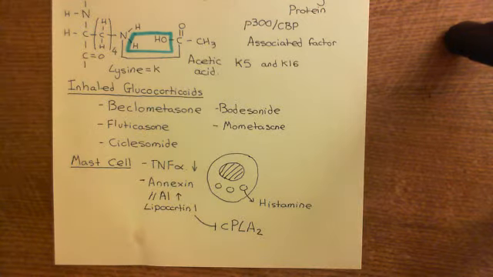So we have taken out 3 of the 4 mediators that are released by mast cells. The only one that we haven't taken out is histamine, okay? But we have now removed the cysteinyl leukotrienes, leukotriene B4, and also the TNF alpha. So, removing leukotriene B4 and the cysteinyl leukotrienes, what effect is that going to have?